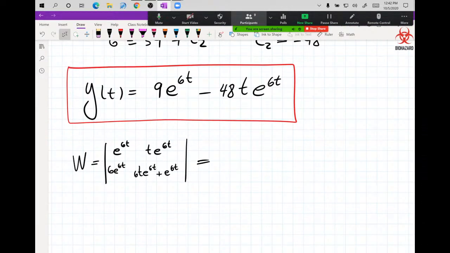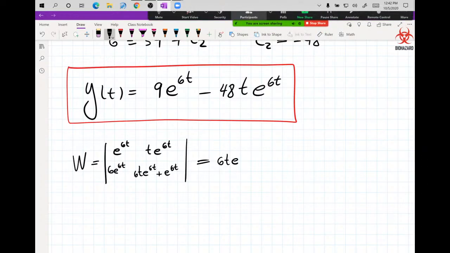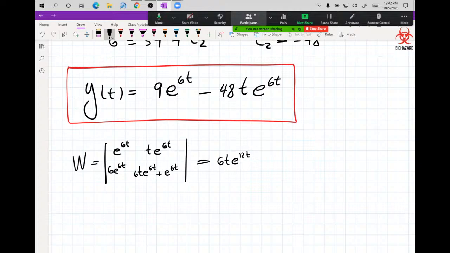So you multiply through, we get 6t e to the 12t plus e to the 12t. That's when you multiply this into both of these guys here. You get two terms.